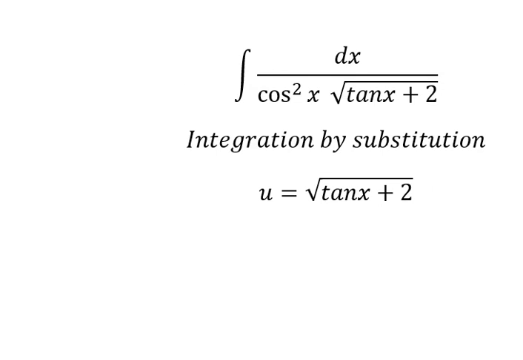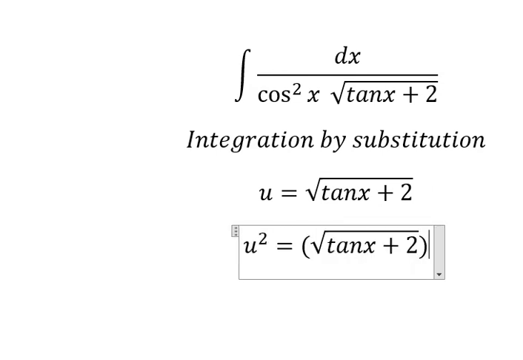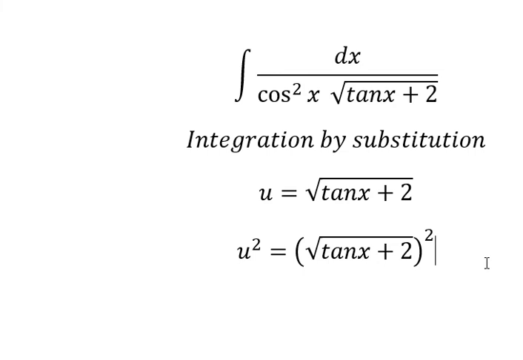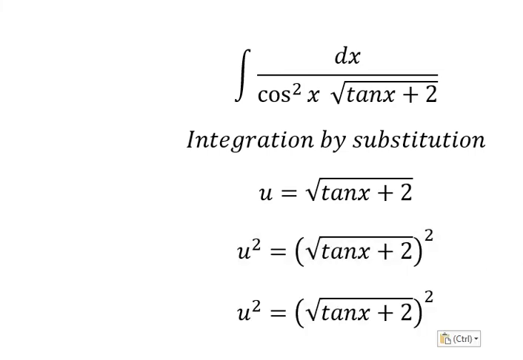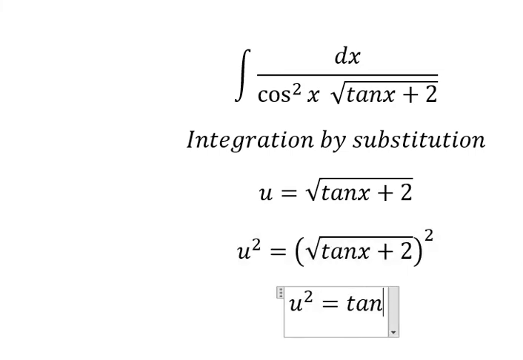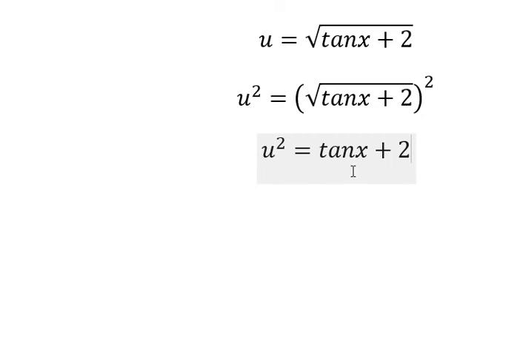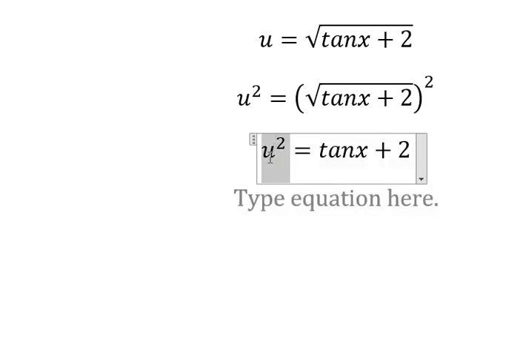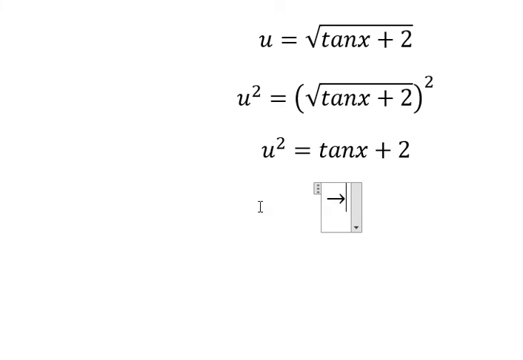After that, we square both sides to cancel the square root. Now, we need to take the first derivative of both sides. First, the derivative of u squared in here, you get 2u, and we put du.